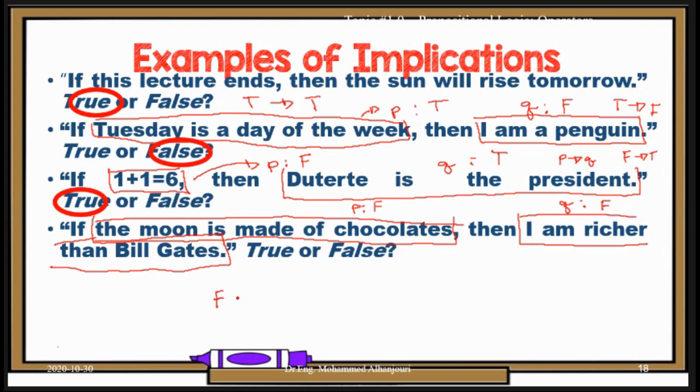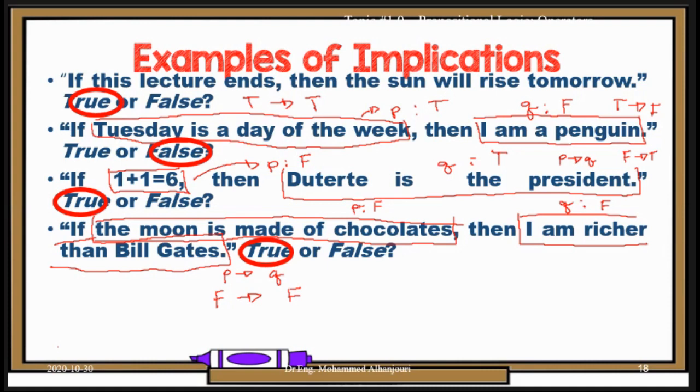So if you have a false hypothesis arriving with a false conclusion, then the truth value of your compound proposition, your implication, is true. Again, it will only be false when the hypothesis is true and the conclusion is false.